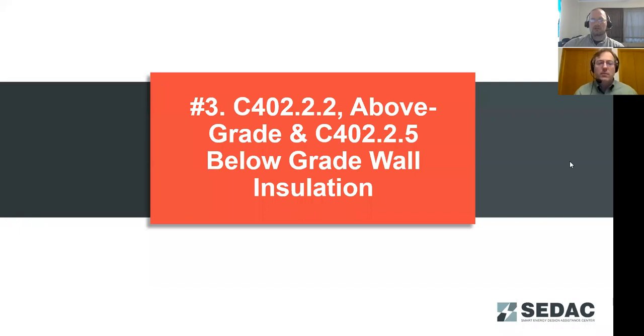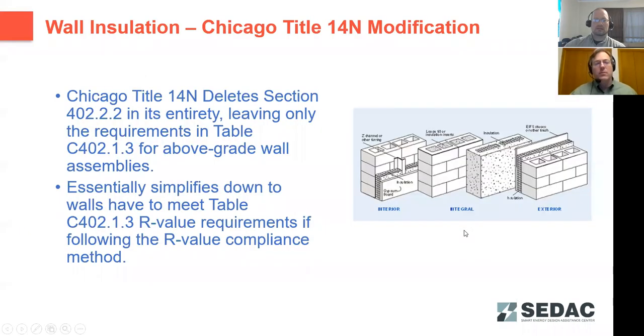Moving on to above grade walls and below grade wall insulation requirements. One thing we want to note here is that in the Chicago Energy Code, they delete an entire section of the IECC, 402.2.2. This includes the definition for a mass wall. Mostly it's listing out the thermal capacity requirements and density requirements for a wall to be considered a mass wall, and doesn't add that back in.